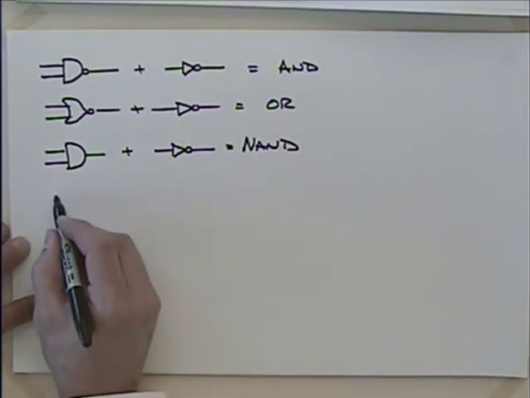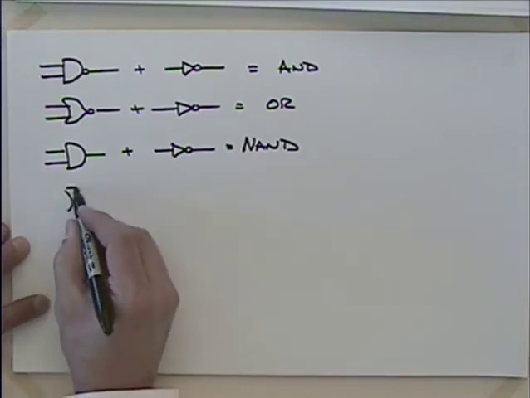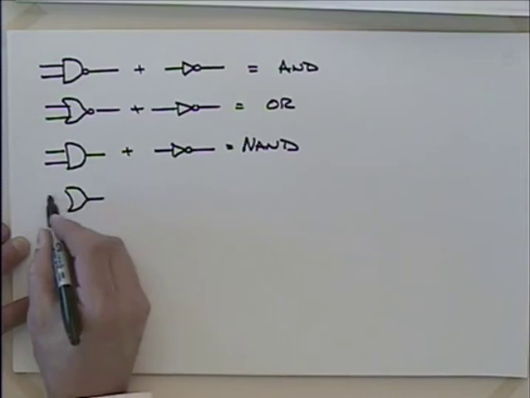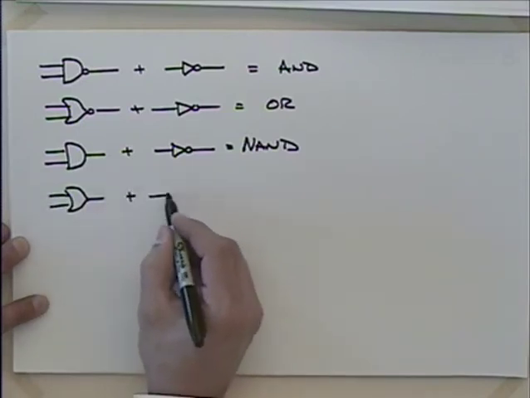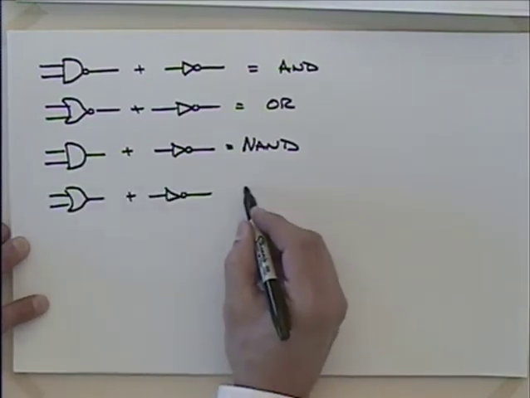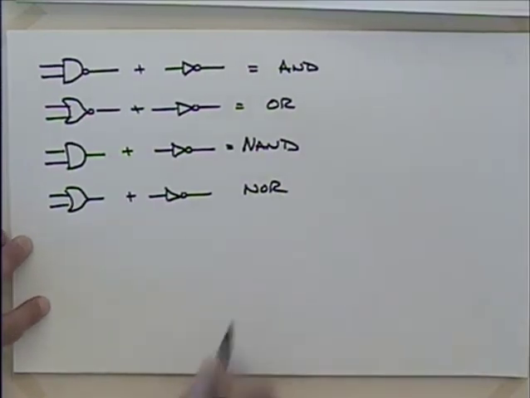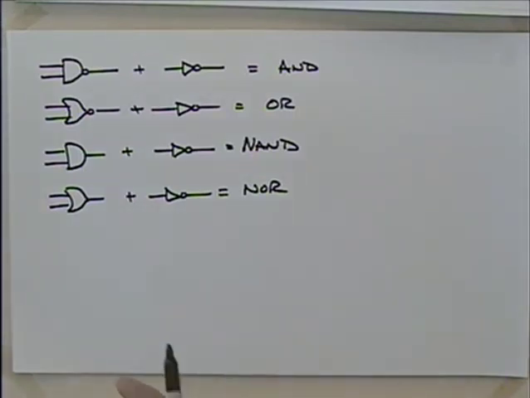And if I take an OR, and I add an inverter to that, I get a NOR. Okay. So that's pretty easy. That's putting inverters on the output.